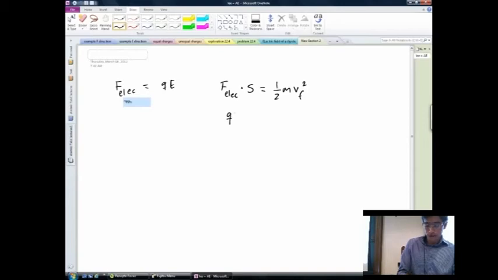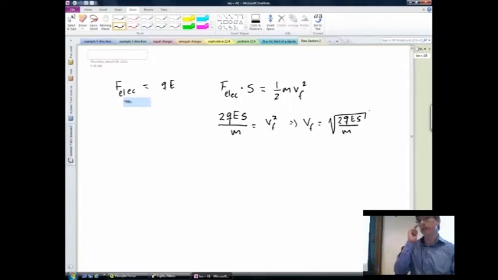So replace the electric force by Q E times S. Take the 2 here, divide by the mass, and that should be the final velocity squared. Therefore, your velocity is going to be the square root of 2 Q E S over m, just like you calculated before using Newton's law.